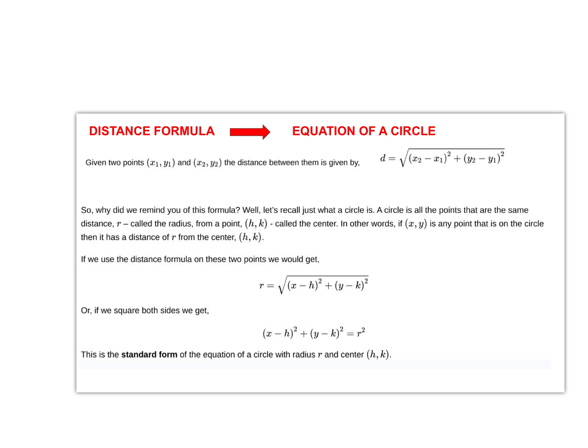Well, if we take that, and remember that a circle is all the points that are the same distance, which we call the radius, from a point, and we can call that point (h, k).